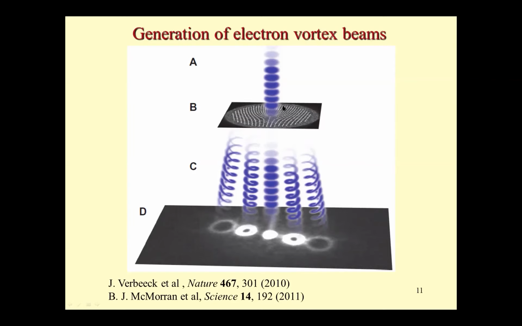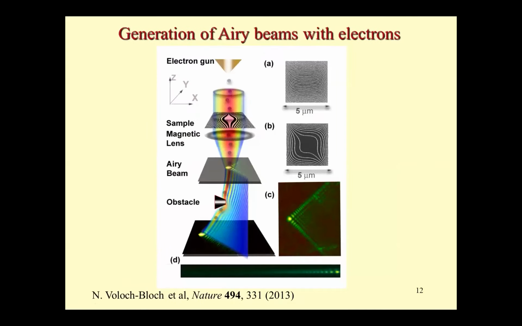Because this has a fork shape, what we get, let's say in the first order, is a vortex beam. This is also a vortex beam with an opposite topological charge and so on. And our own first contribution was to use the same concept to generate Airy beams using electron beams.